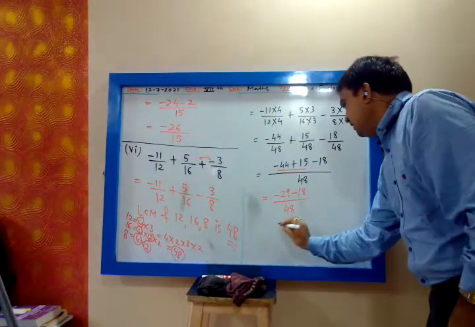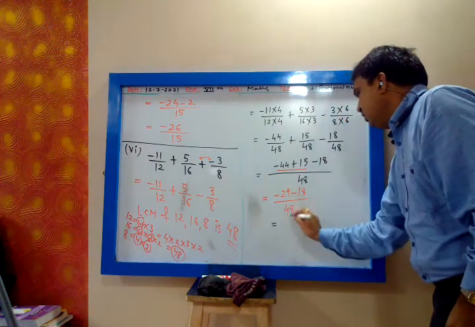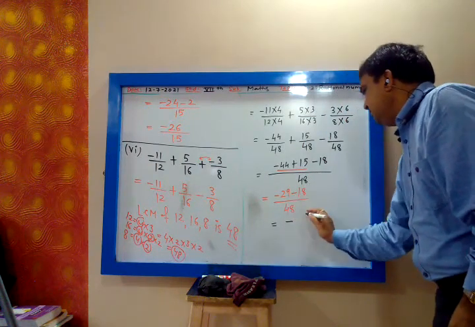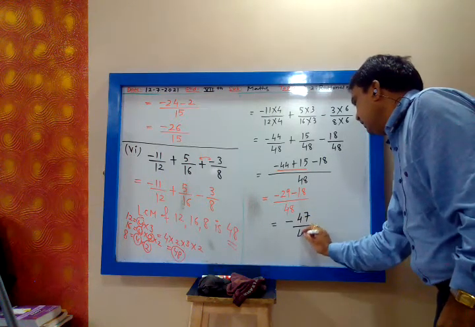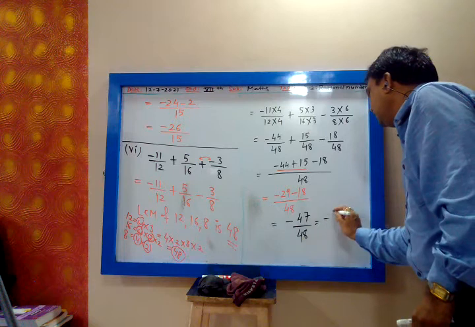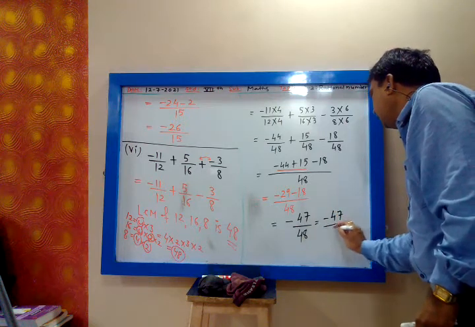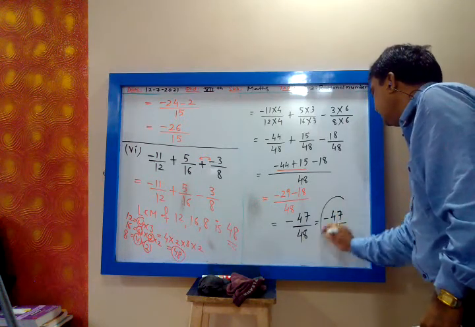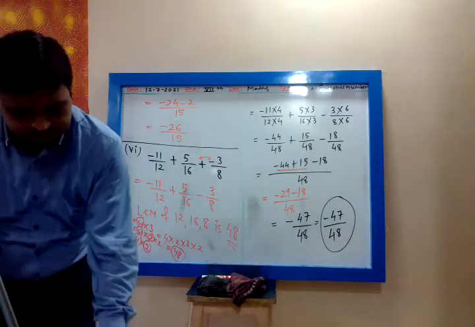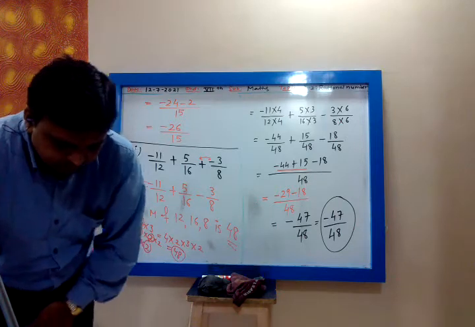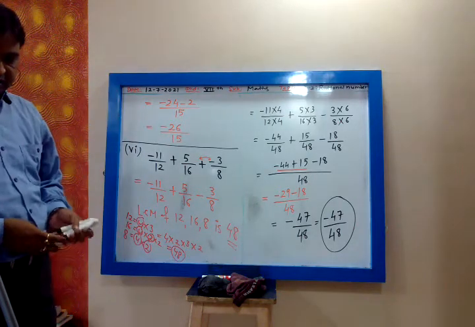So minus 29 minus 18, I will take the common sign minus and add the numbers. 29 plus 18 is 47. Minus 47 upon 48. This is the answer.